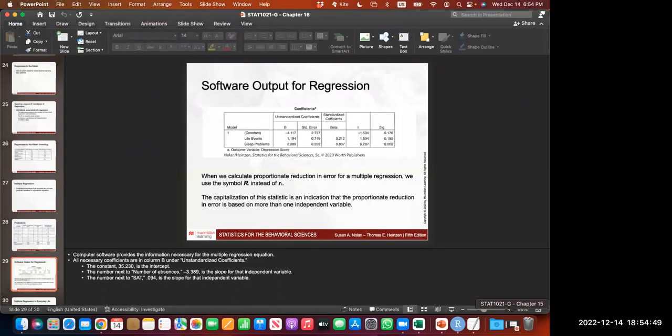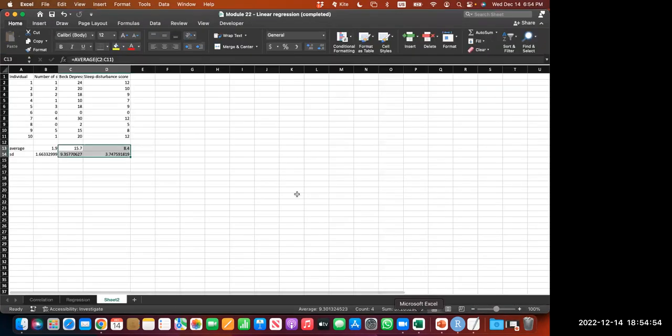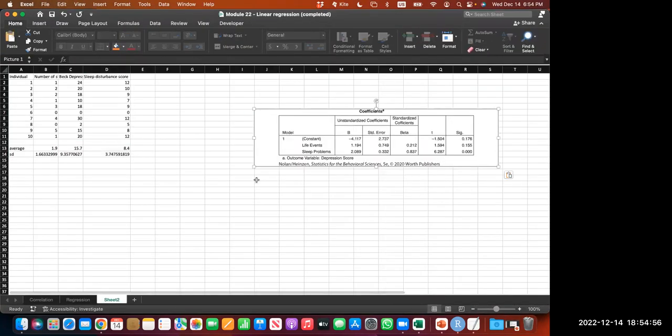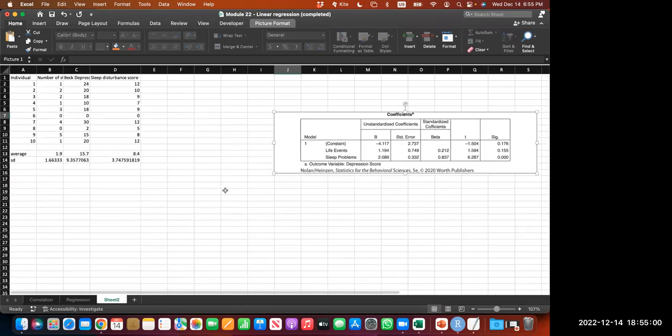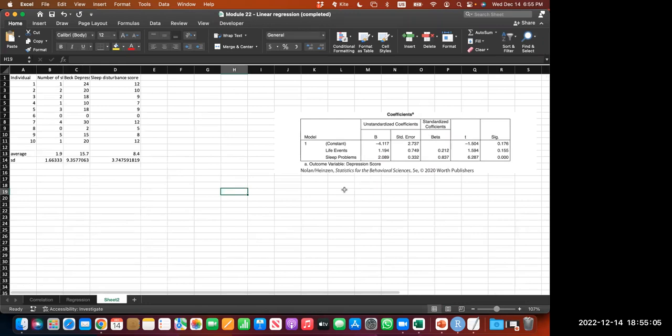So if you use this model now, and this can be used in the very same fashion as your univariate regression model, let's just copy this in here. So we have now an intercept of minus 4.117.